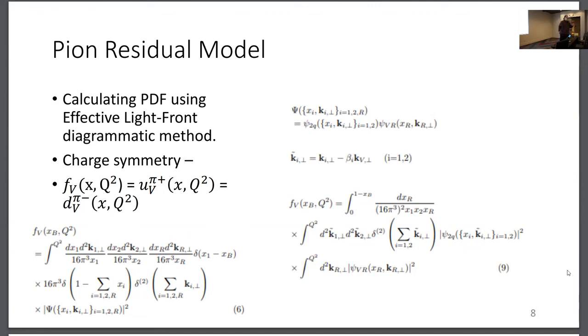I think he's just saying that if you have a relationship between the U and the pi plus and the D and the pi minus, do you not have a relationship between the D bar and the pi plus and the U bar and the pi minus? Oh, yeah. Yes, you do.